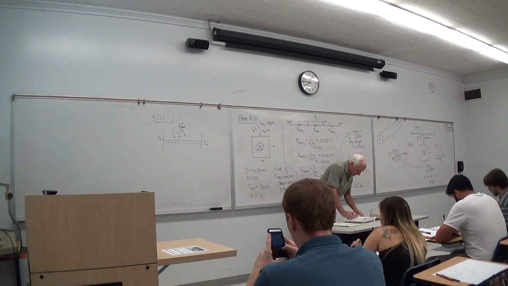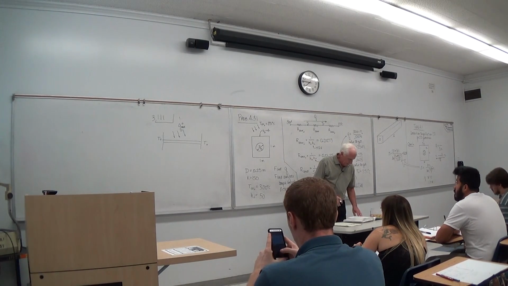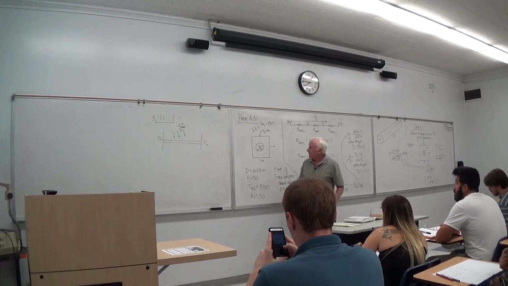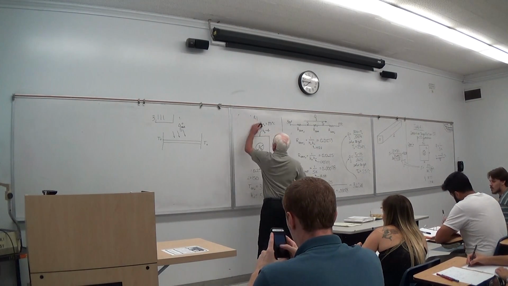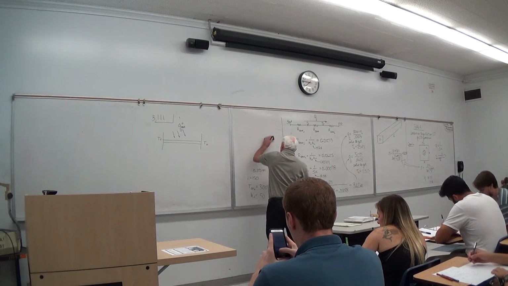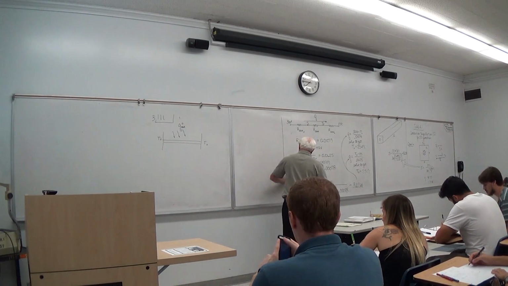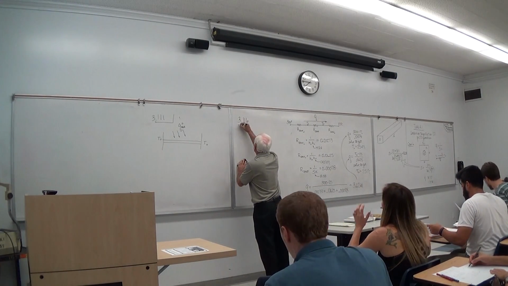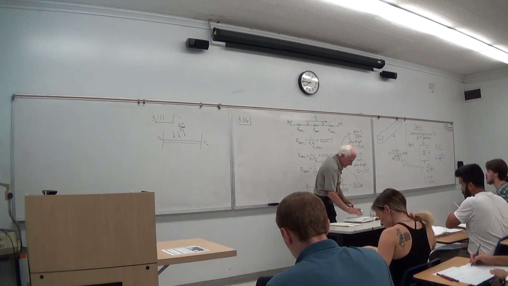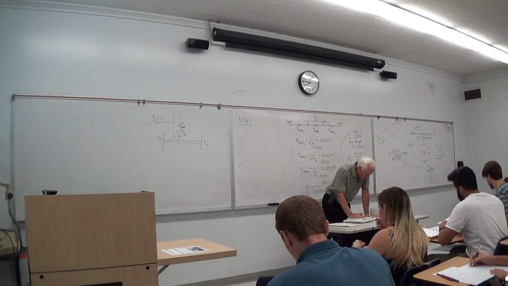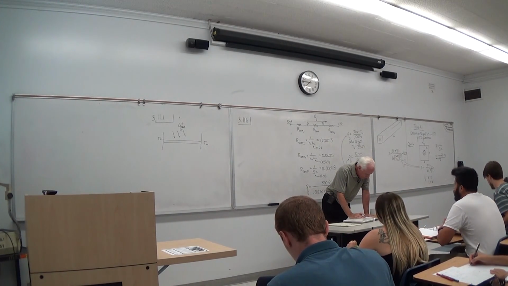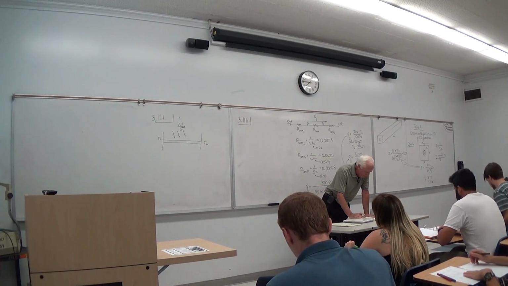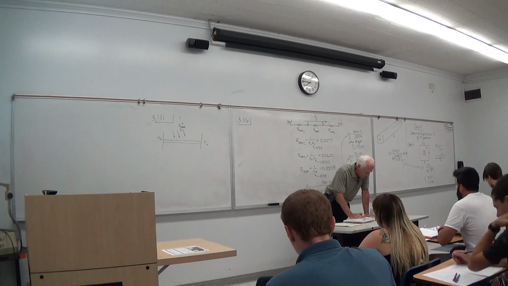I'm going to put both problems down at the same time. Problem 3.116. We have a thin metallic wire passing an electric current through the wire to produce a uniform volumetric heat generation Q dot.